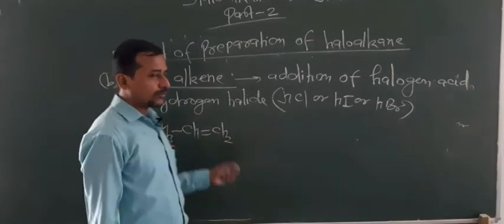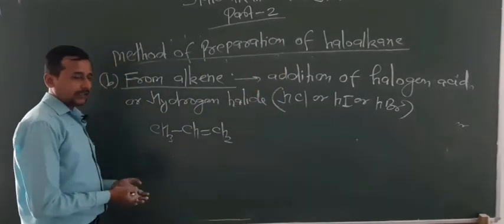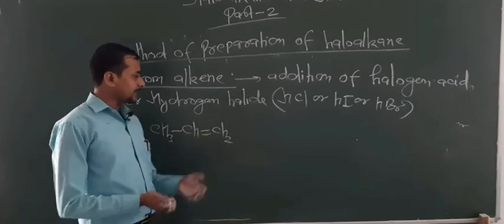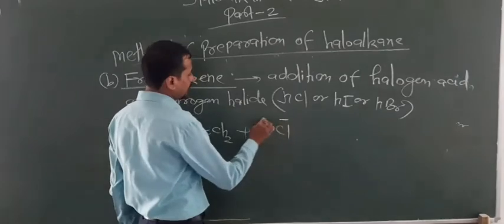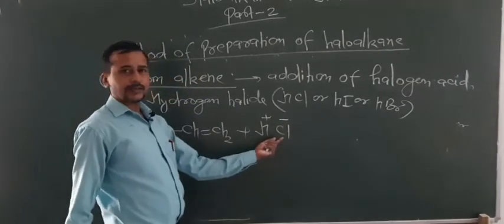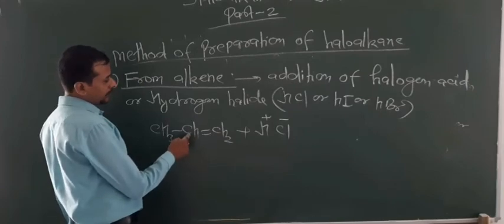So now for this I told you one principle, that is one rule, Markovnikov rule. According to it, the negative part of the attacking reagent, this is the negative part, this is the positive part, attacks that carbon atom of the double bond which has fewer hydrogens.